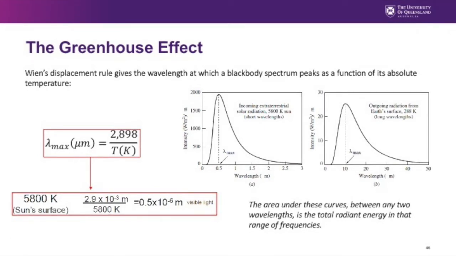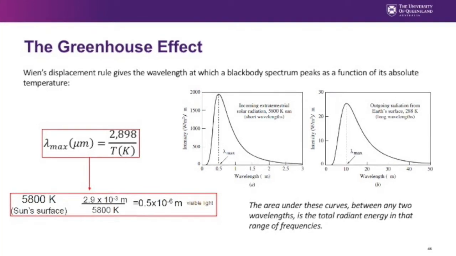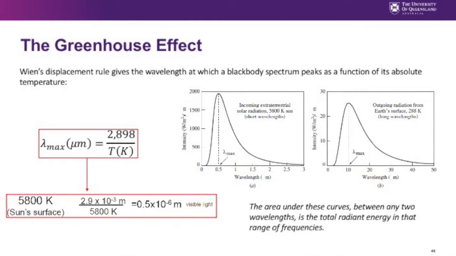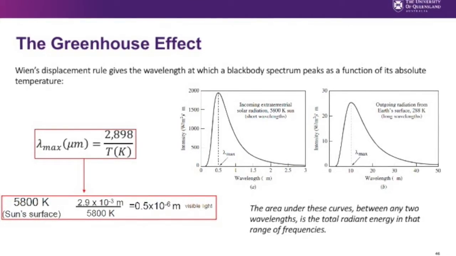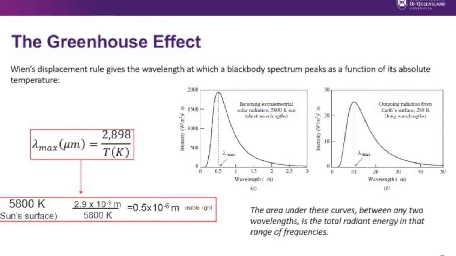In Wien's equation, we have the lambda max, which is in micrometers, and which is the wavelength, and then we have temperature in Kelvin, and the 2898 is called Wien's constant.